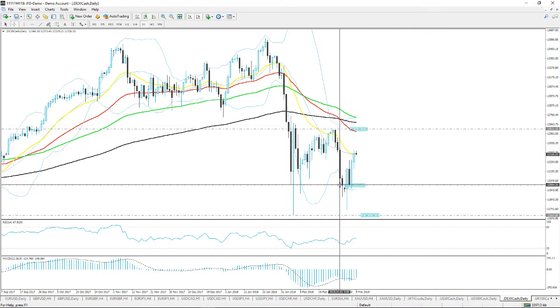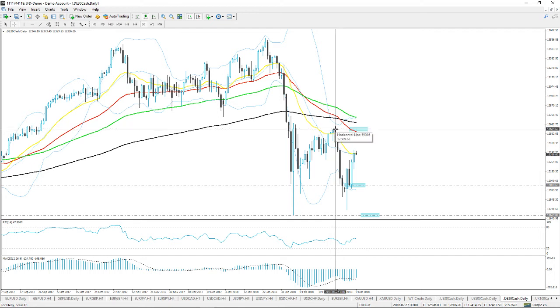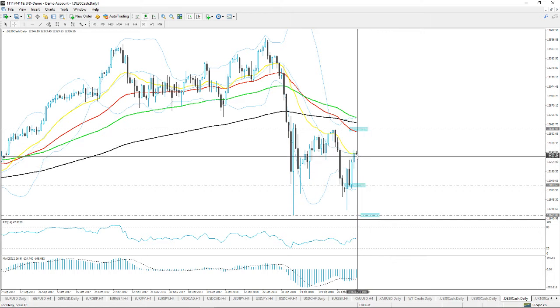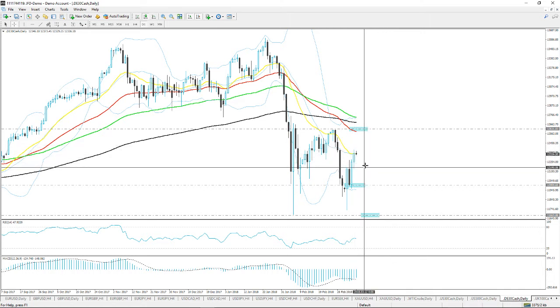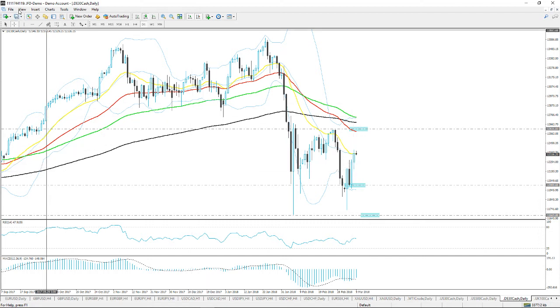Somebody could say maybe a V turn, but we would get back towards last week's high at around 12,600. So keep an eye on this one. On the downside, of course, if we see a move below, let me just highlight this area.